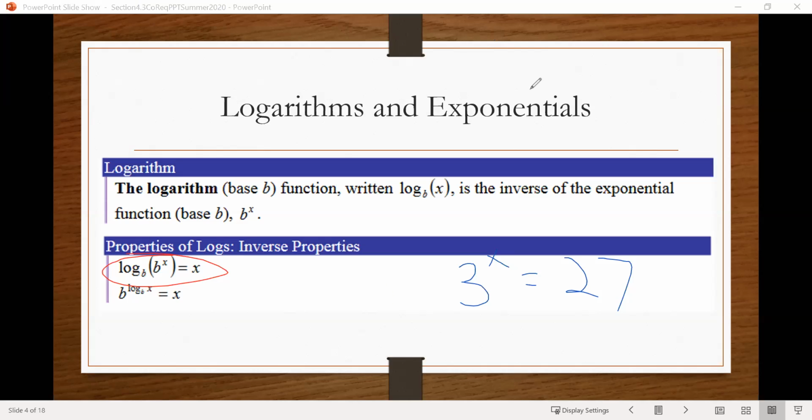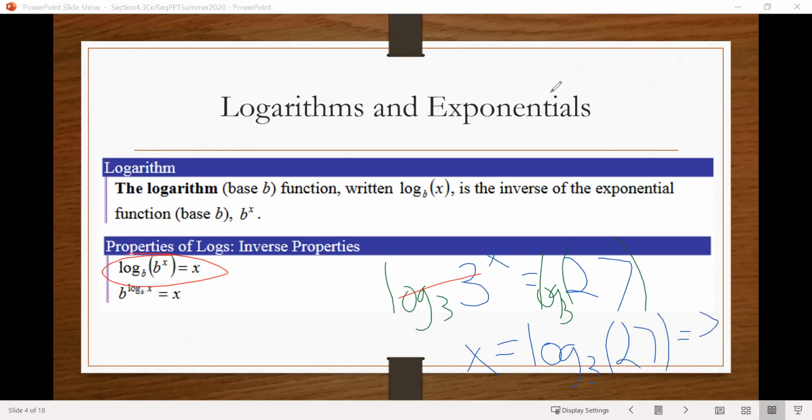So what we can do on the left-hand side is take log base 3 of it, and do the same thing on the right-hand side. On the left-hand side that effectively undoes the log and the 3 and leaves us with x. On the right-hand side, we'd have log base 3 of 27, which we know is 3 because 3 to the third equals 27.